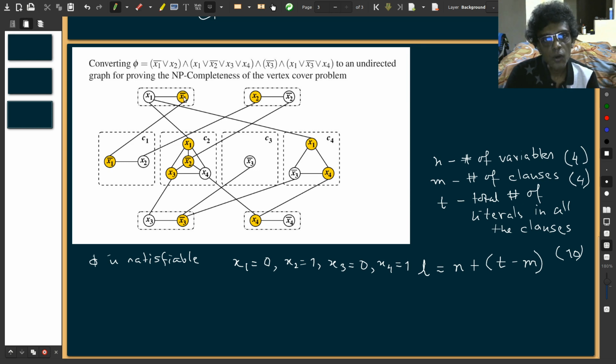If I choose x1 complement, I will consider x1 equal to 0. If I have x2 in the vertex cover, let us take x2 equal to 1. The vertex cover contains x3 complement, so I take x3 equal to 0. The vertex cover contains x4, I take x4 equal to 1. Okay.